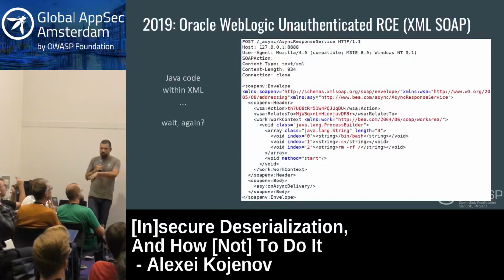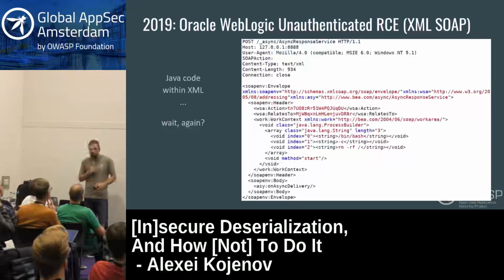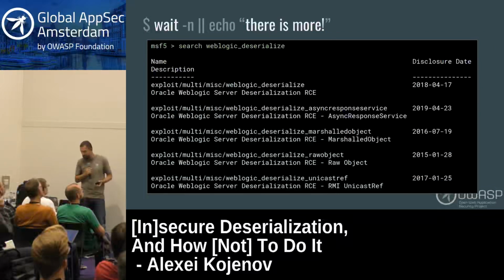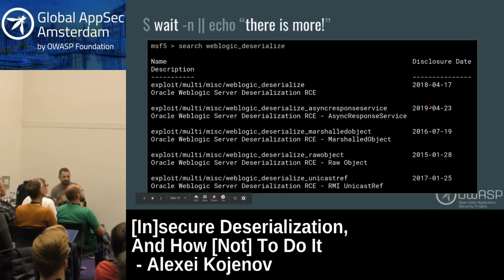So when I went to look for an actual exploit so I could try it and get the screenshot, I went to Metasploit and found 4 other ones. And it looks like Oracle WebLogic was having issues with deserialization for years. So there's one from 2015, 2016, 17, and 18, and 19. So each year they have a vulnerability and a published exploit, and they have to fix it. I hope they finally get it right. But the problem is difficult, right?